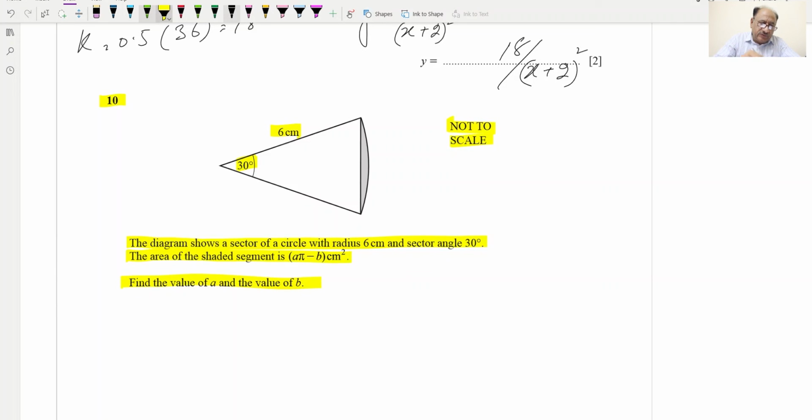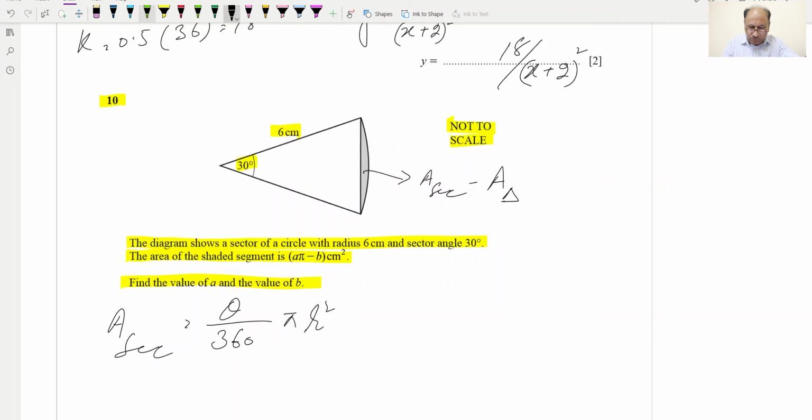So area of the shaded region will be what? Area of sector minus area of triangle. So area of sector, we have the formula theta over 360 into pi r squared, and theta is 30, so 30 over 360 into pi r squared, meaning 6 squared, which is 36.